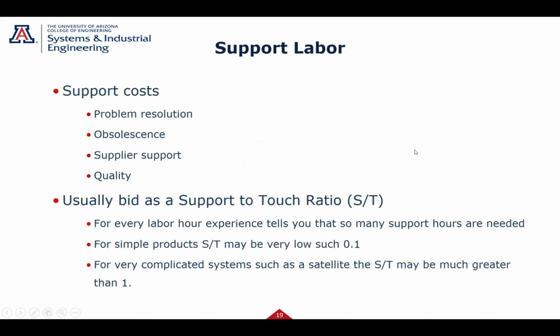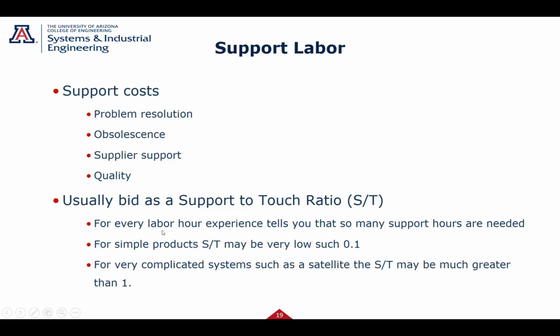Finally, let's talk about support labor. Remember I talked about problem resolution, obsolescence, supplier, and quality. Typically what you do for this, and this is usually fairly easy too, again, your business should have a rough idea of what the support to touch ratio is. So for every hour of labor, you need so much support.